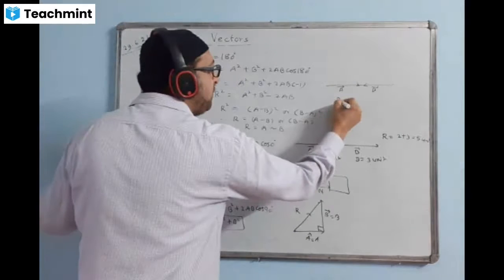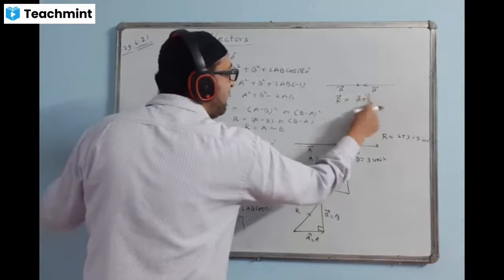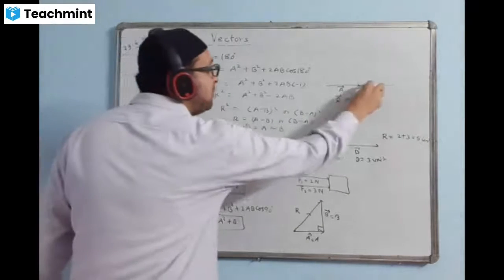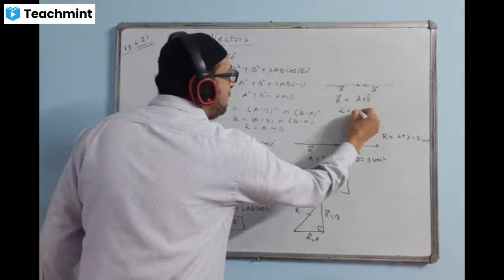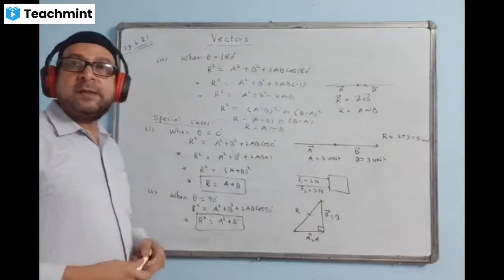In this case, we are finding A plus B only, the total resultant. But because of the direction, the R value will come as A difference B. Whichever is bigger minus the smaller will do.